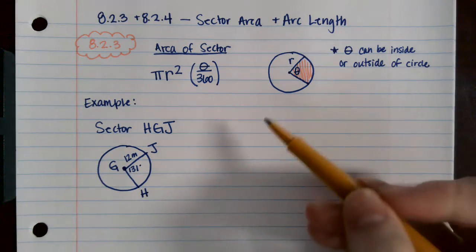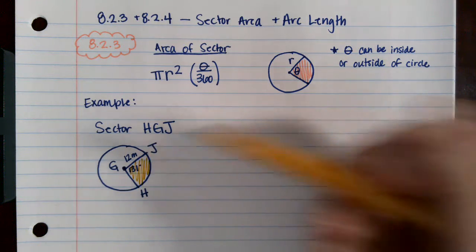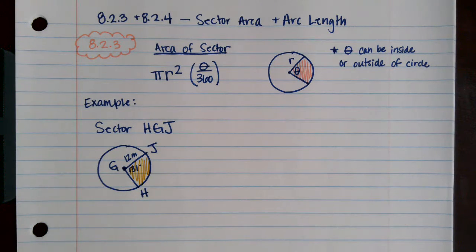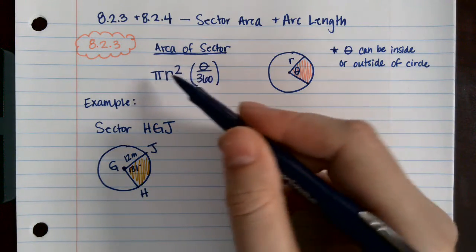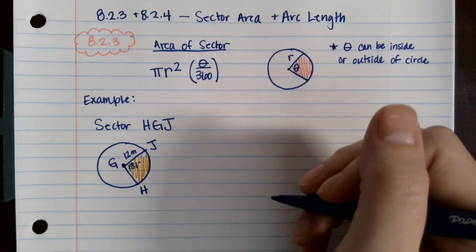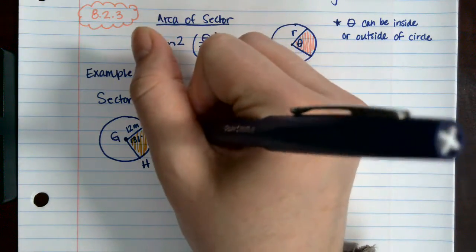So we want to find sector HGJ, which is this slice of pie. And we want to use our area of a sector formula, basically the area of a circle multiplied by the chunk that we have. So we're going to start with just pi r squared.